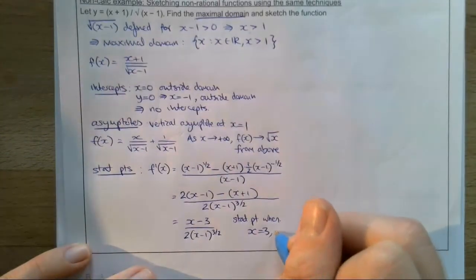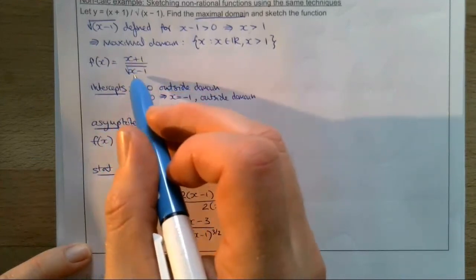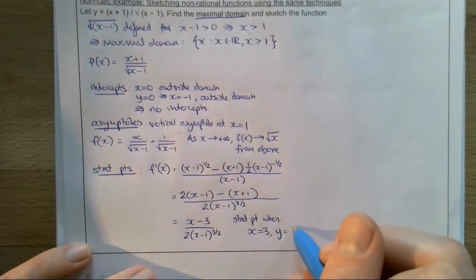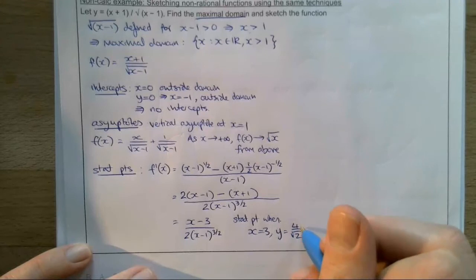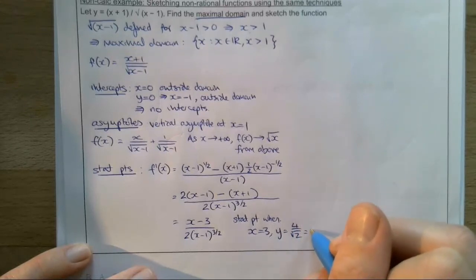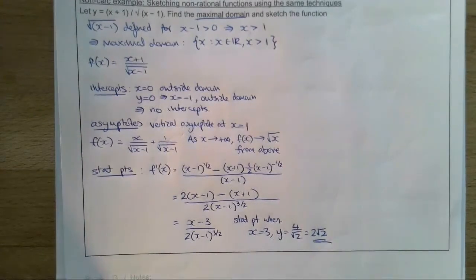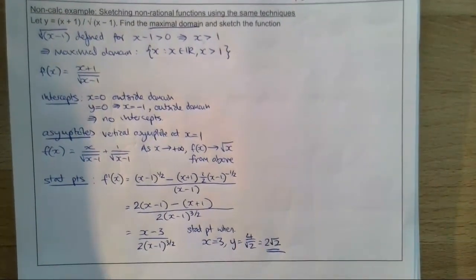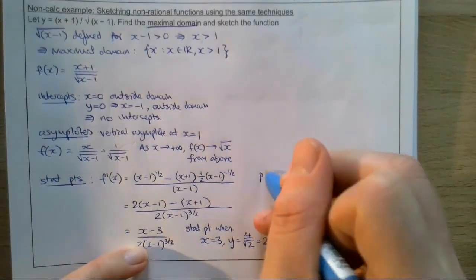And substituting that in, x equals 3 is going to be 4 on the numerator here, and square root of 3 minus 1, so square root of 2. So 4 over root 2, which is the same as 2 root 2. Yeah, 2 root 2. Okay. I could go on and look for points of inflection, and indeed, if you've done that, it's a little bit of algebra.